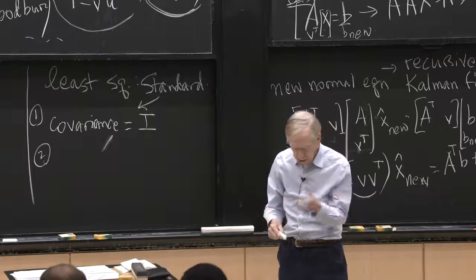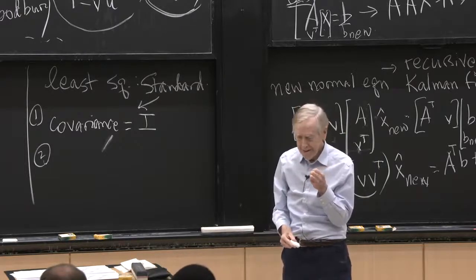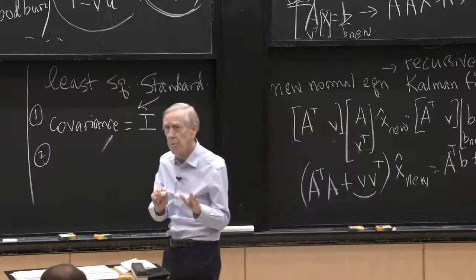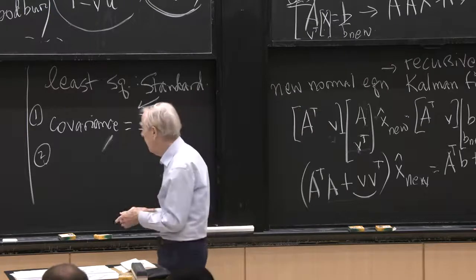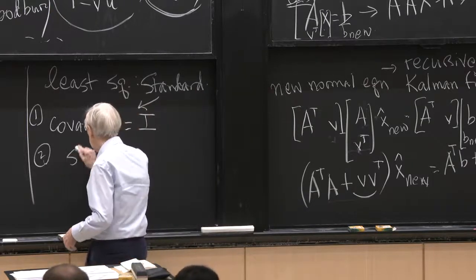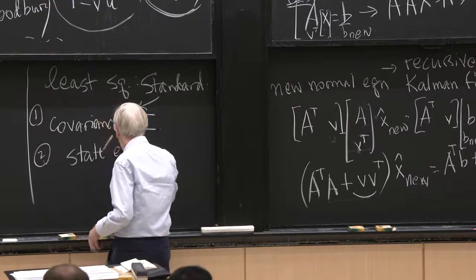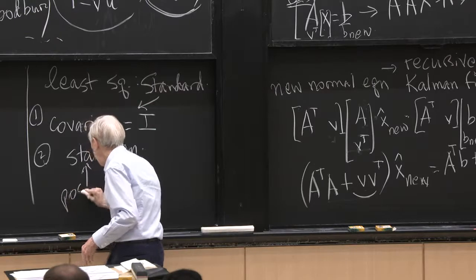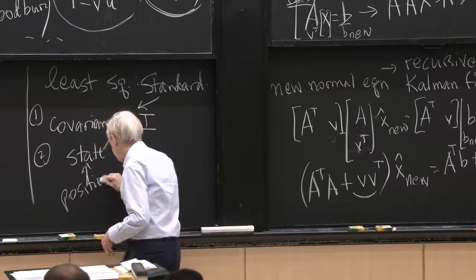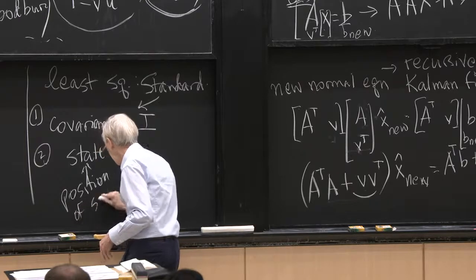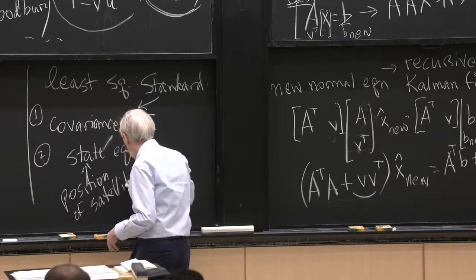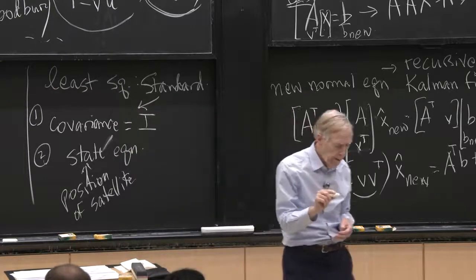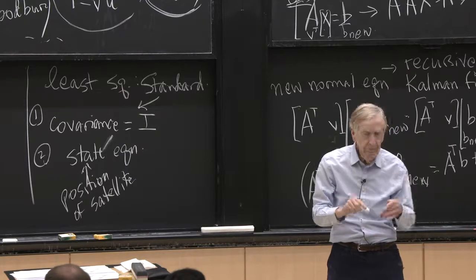There's a state equation. So I'm really into the edge of control theory. So let me just use some words here that you've seen. Control theory has a state equation. What is the state? This is the position, in my example, the position of the satellite. So are we looking for a fixed satellite?